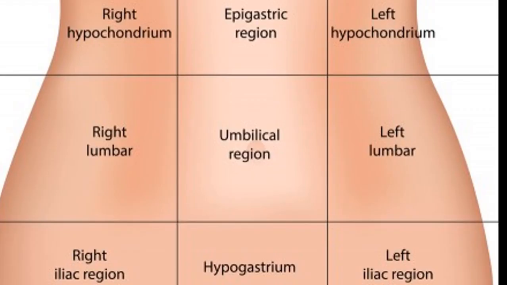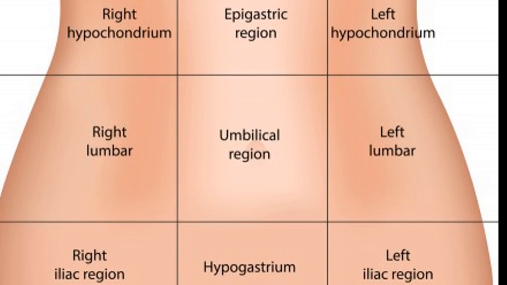If you remember, we divide the trunk into 9 anatomical regions. The left and right hypochondriac, the middle one is the epigastric, then below it we have 3 regions, the left and right lumbar, and in the middle the umbilical region.